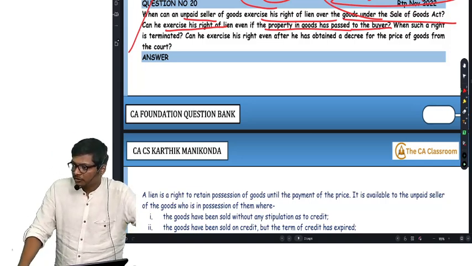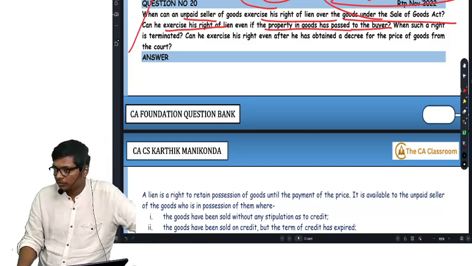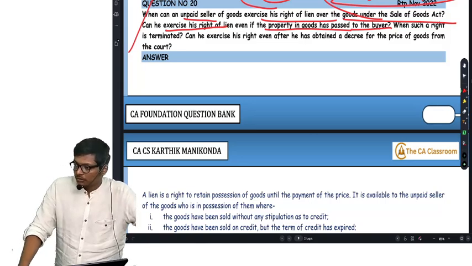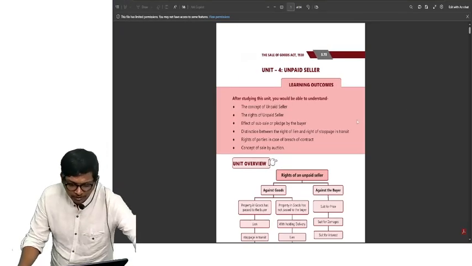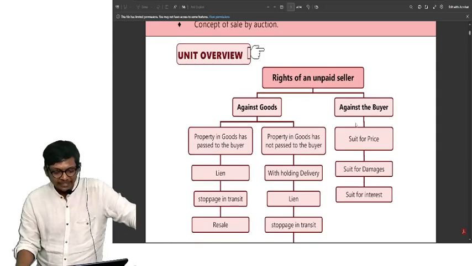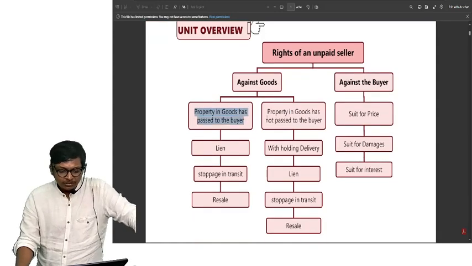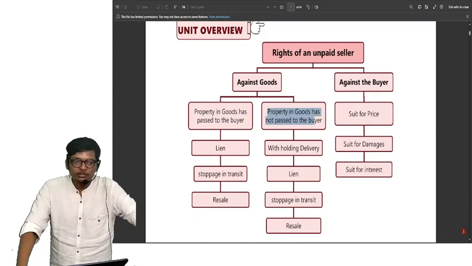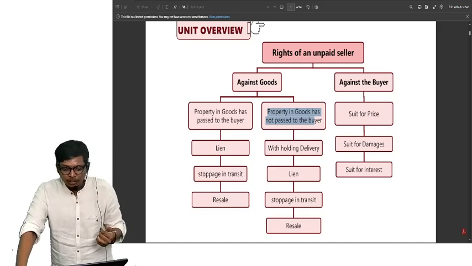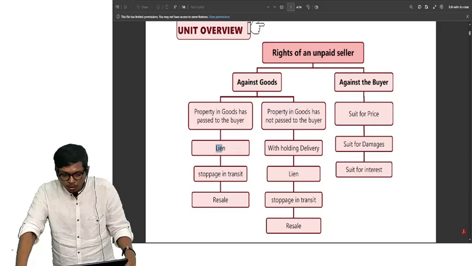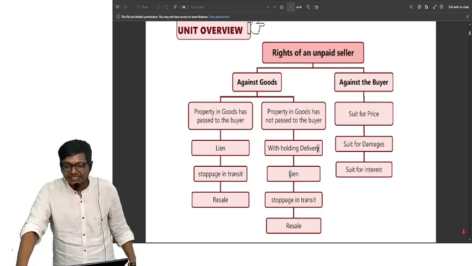Let me take the English medium. Module 2, sorry. Sale of Goods Act, unit 4, here you go. So here you will be able to see right of unpaid seller: property in the goods has passed to buyer, the ownership is transferred; property has not passed, ownership not transferred. In both cases you have the right of lien.